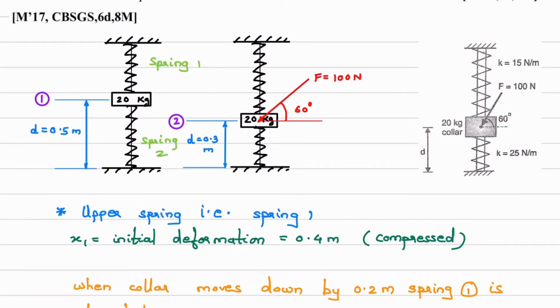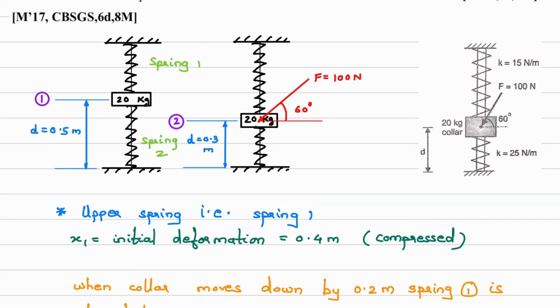Understand this. Initially spring 2 is compressed by 0.4 meter. Now again that spring is being pushed in the downward direction by 0.2 meter. So further compression will be there. What is the net deformation now? 0.4 plus 0.2 meter. So 0.6 meter compression.